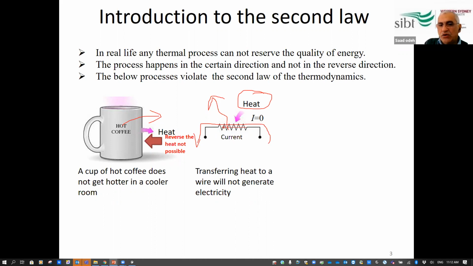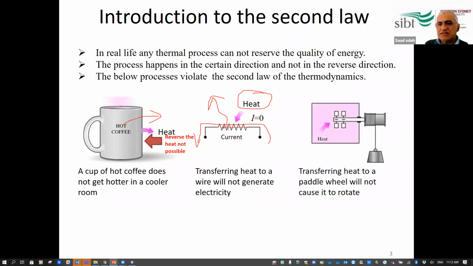The answer again is no, because we can't reverse the heat back to the same form of energy without losing energy. So the idea here is you can't reverse back the process without losing energy. So there is always a loss in energy in any real life process. Okay, same as here, this wheel system.